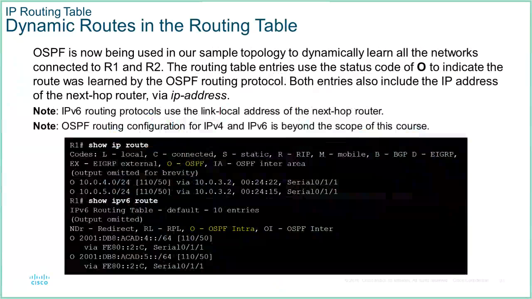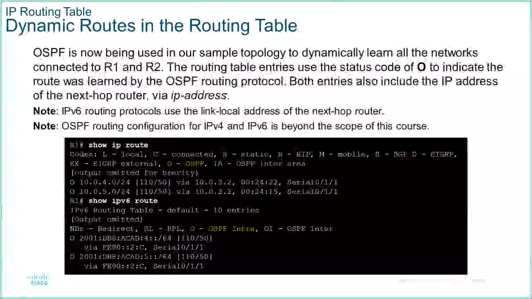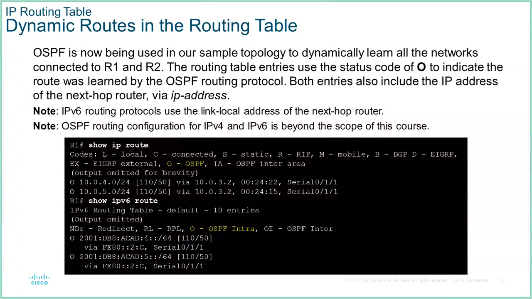Our example is using IP OSPF. So we look at the output of a show ip route. What we're looking for is routes with O for OSPF, and in this example we have two going to 10.0.40 and 10.0.50, and they're connected via a serial interface.